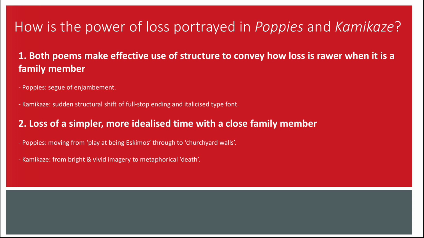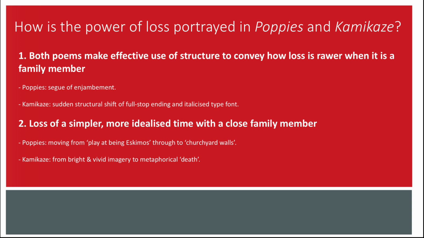I'd say this is in complete contrast to Kamikaze. In Kamikaze, we don't get a slow, gradual segue of going from one state to another. We get instead, line 30, a sudden structural shift of a full stop that then goes into italics. What do I mean by this, everybody?